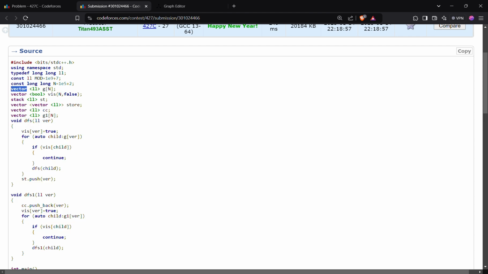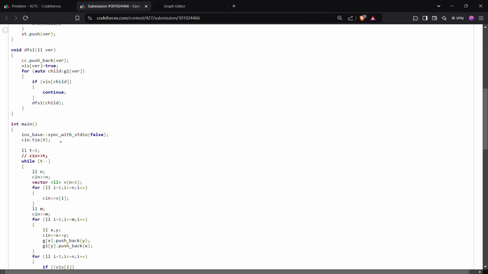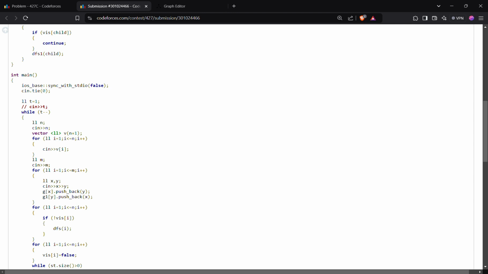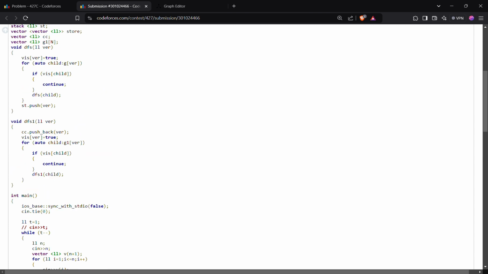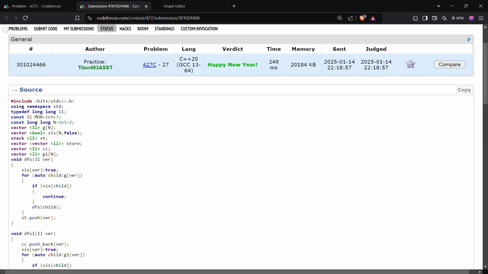This is the graph without the reversed edges, and this is the graph with the reversed edges. While taking the input, I am not reversing the edge in the first graph, but I am reversing the edge in the second graph. As you can see, I am changing the order of the arguments x comma y. So x is here, y is here, and y is here, and x is here.